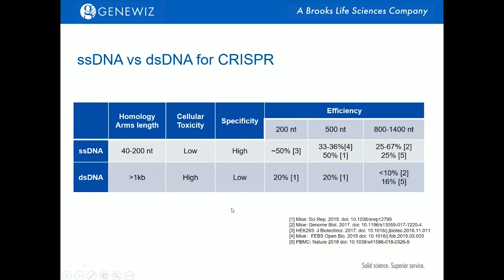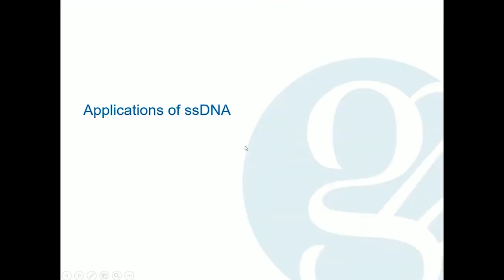The knock-in efficiency is in general higher for various lengths of insert. In addition, it's less toxic to the host and shows higher specificity. In the next few slides, I will use some specific examples to highlight the unique advantage of single-strand DNA in knock-in experiments.